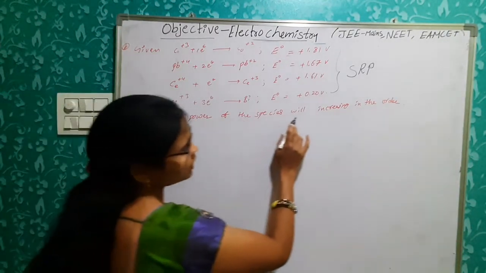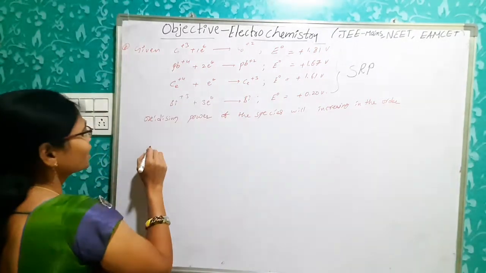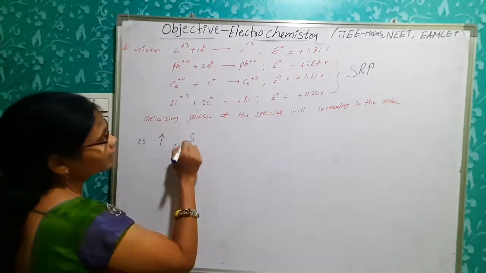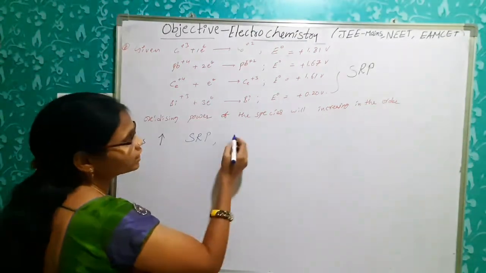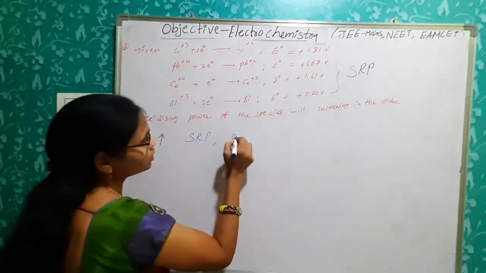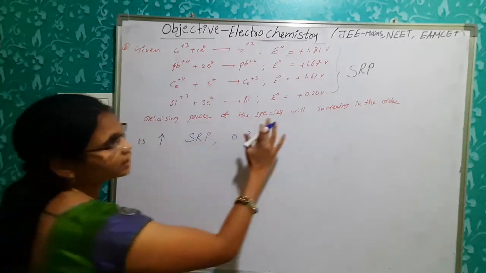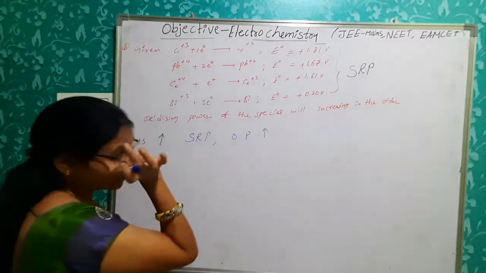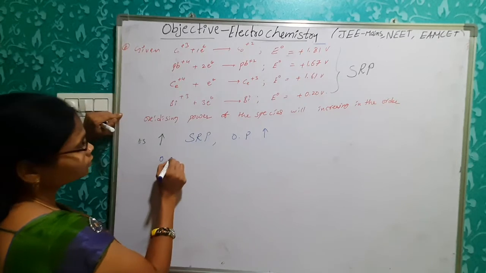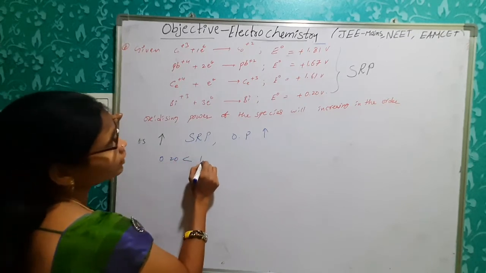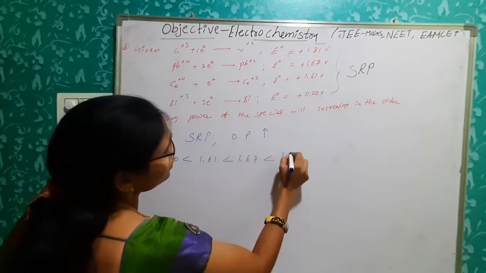So the oxidizing power of these species in increasing order: simply, as standard reduction potentials increase, oxidizing power also increases. So which has the lower reduction potential value? This one, 0.20 volts, less than that of 1.61, less than that of 1.67, less than that of 1.81.